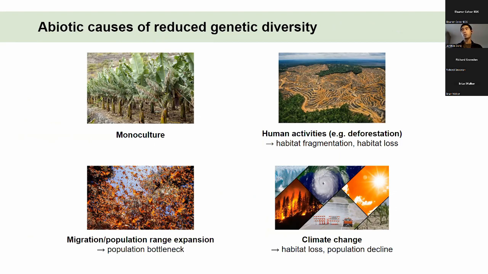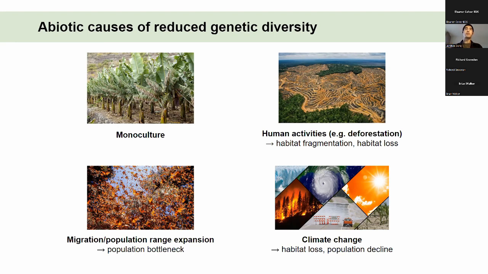When a species tries to colonize some new habitat, only part of the population will migrate. So this will potentially cause a population bottleneck. And also climate change, which will also cause habitat loss and also directly impact the population.